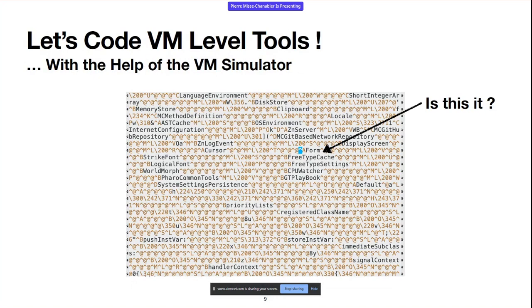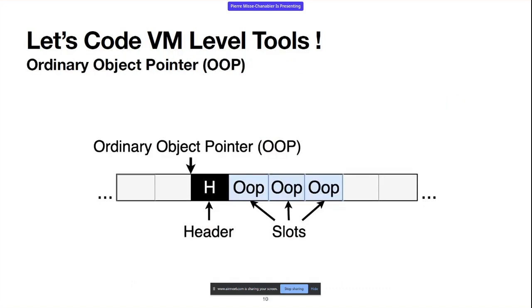And okay, I found the class Form here, but actually that's not the class Form. That's just the string of the name of Form somewhere inside this binary. So this is of course very difficult to work with without the VM simulator. So the VM simulator is already a good tool, and the VM in general is manipulating ordinary object pointers.